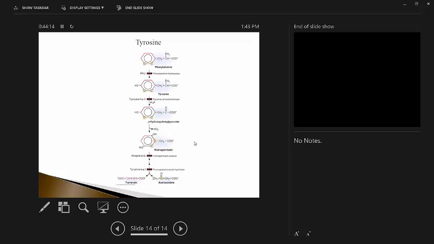BH4, biopterin, that's the B part. So tetrahydrobiopterin, and we're going to see it again in another place. PKU is the deficiency. So this is just a review of how I make this and this. Everybody comfortable? Any questions about that?